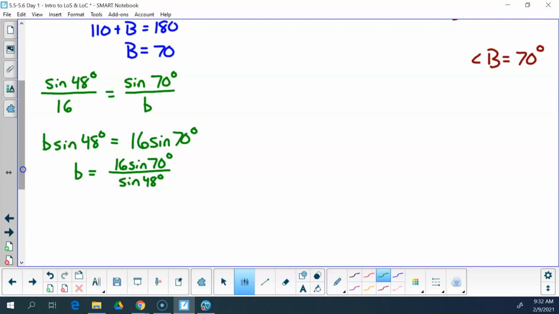I get here that side B is 20.231. Speak now if you did not get 20.2317. At home, also, unmute yourself, because I need to know what kind of calculator you have so that I can figure out where we went wrong.